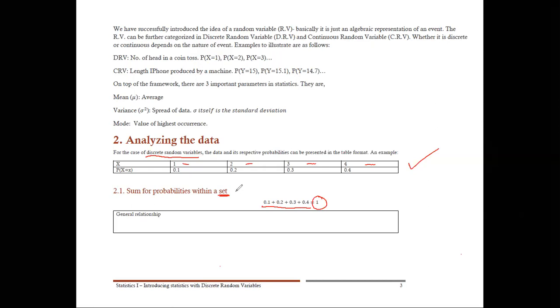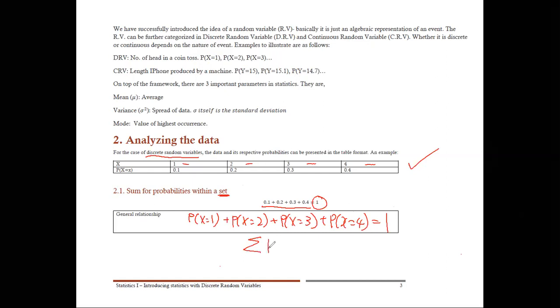If you were to write it mathematically, using the same example, what we have done here is P(X=1) plus P(X=2) plus P(X=3) plus P(X=4), and this value should give you 1. We can come up with a neater expression by using the summation sign.